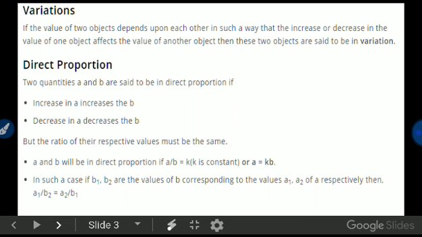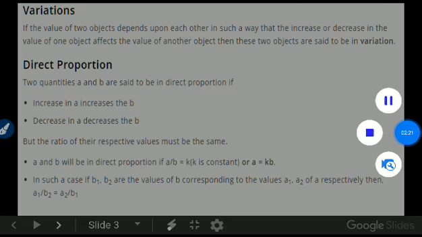Two quantities A and B are said to be in direct proportion if an increase in A increases B and a decrease in A decreases B, but the ratio of their respective values must be the same. A and B will be in direct proportion if A upon B equals K, that means it is a constant value. In such a case, if B1, B2 are the values of B corresponding to the values A1, A2 of A respectively, then A1 by B1 equals A2 by B2.